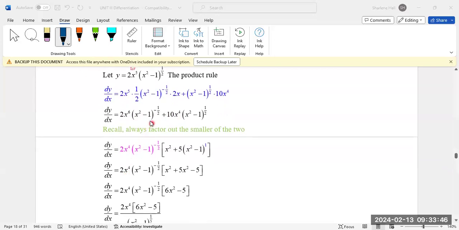Of the x squared minus 1 to the negative a half, or the x squared minus 1 to the positive a half, which is smaller? Yes, the x squared minus 1 to the negative a half, so I'm factoring it out right here. Then I ask myself the question, is there anything else that is common? And the answer is no. There's nothing else common. So now I'm going to close my parentheses.